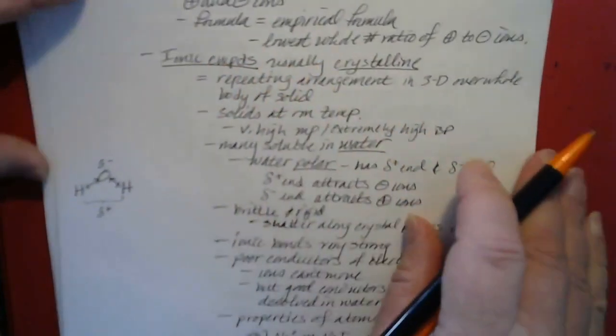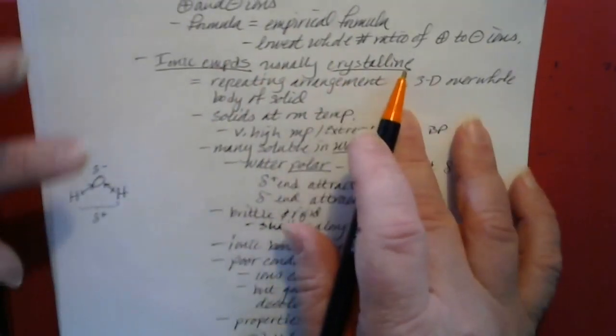Ionic compounds are normally crystalline. Crystalline just means that it has a long-range, 3-dimensional, regular repeating order for the arrangement of the ions. And sodium chloride is a good example of that. It's alternating Na+, Cl-, Na+, Cl-, on and on and on in 3 dimensions.